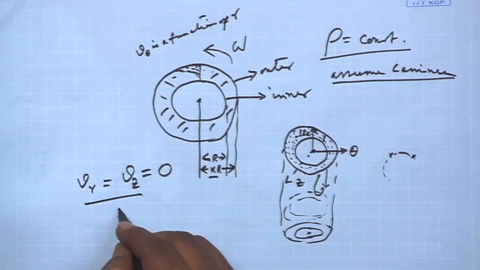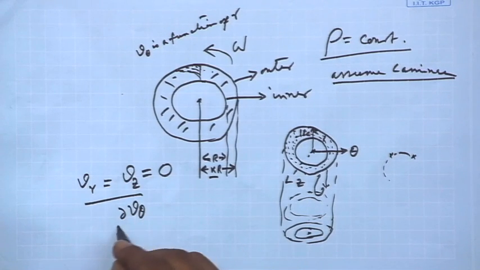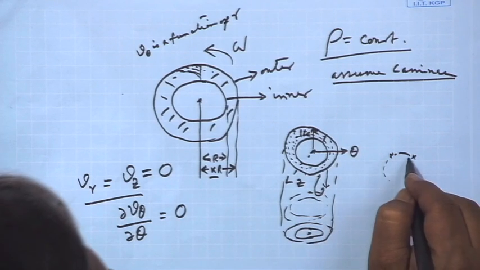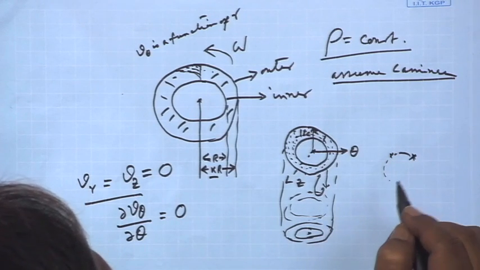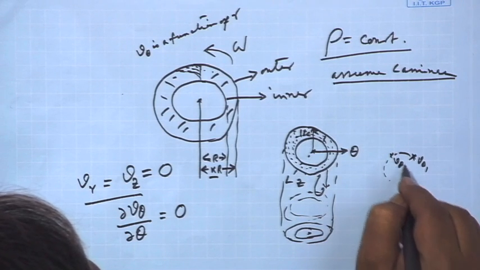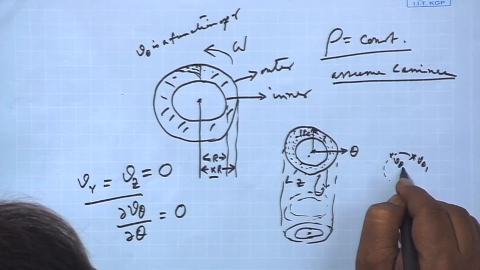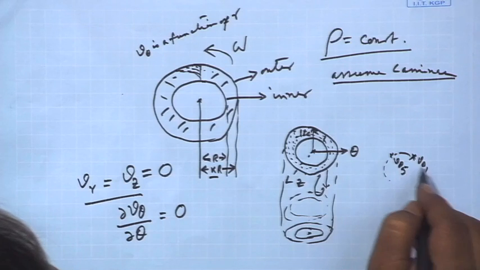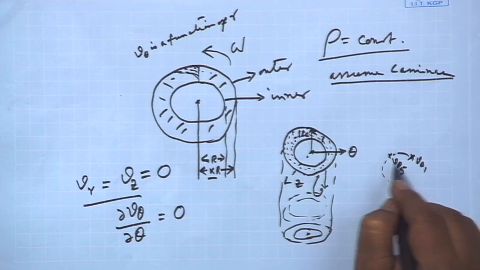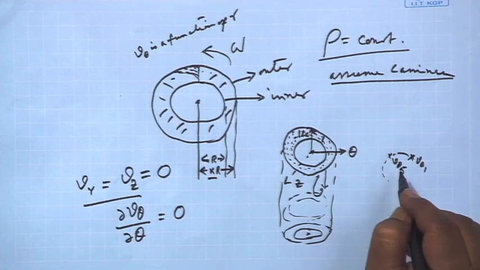So, in that case we can say del v theta del theta is equal to 0, because with this theta component, v theta 1 and say v theta 5, one is over the other, there is no mixing of this v theta also.